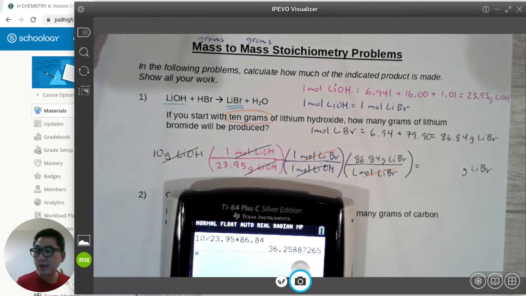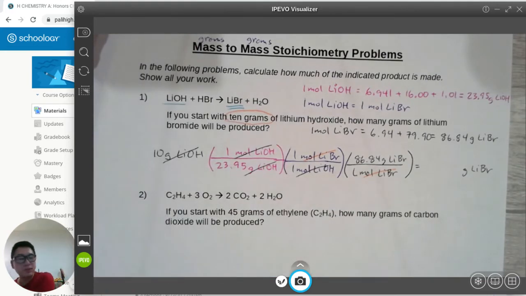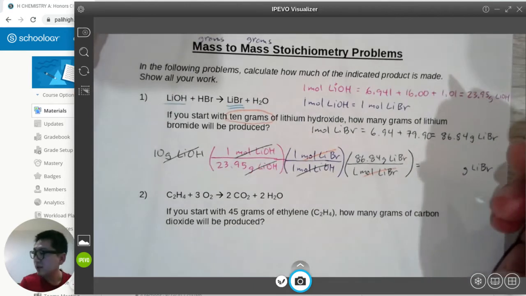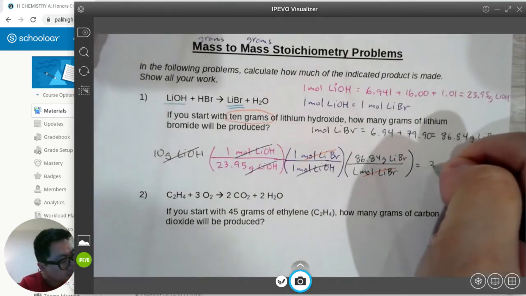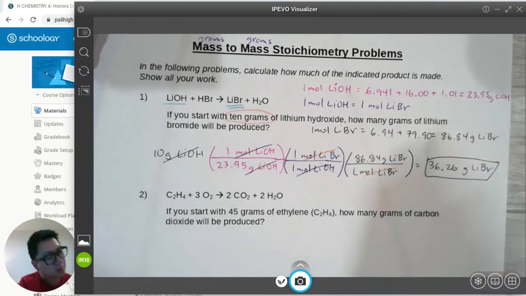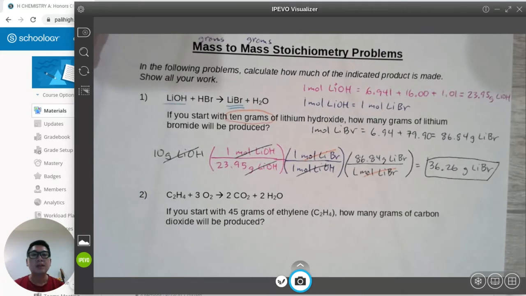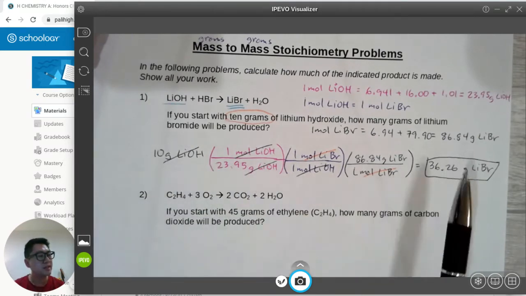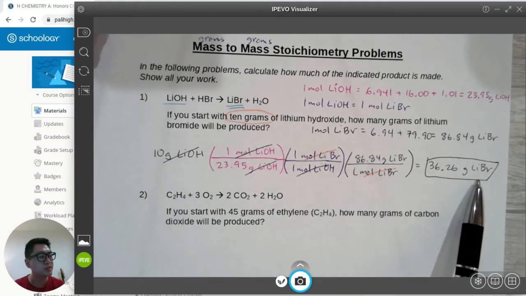On my calculator, I got 36.26. Again, don't worry about rounding or sig figs. So 10 grams of lithium hydroxide will produce 36.26 grams of lithium bromide.